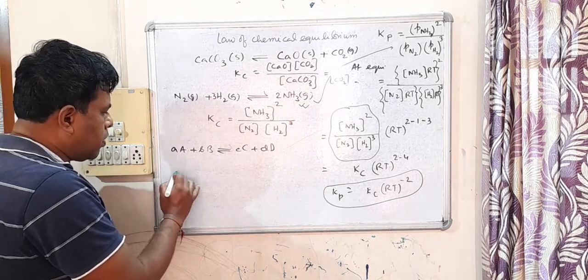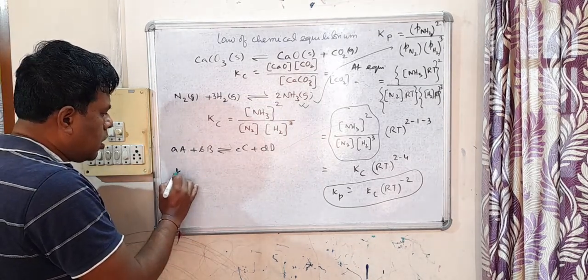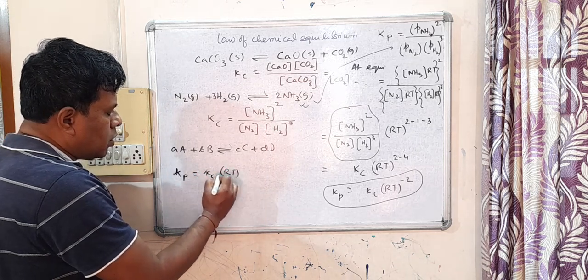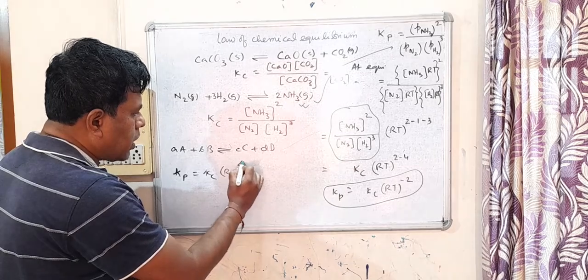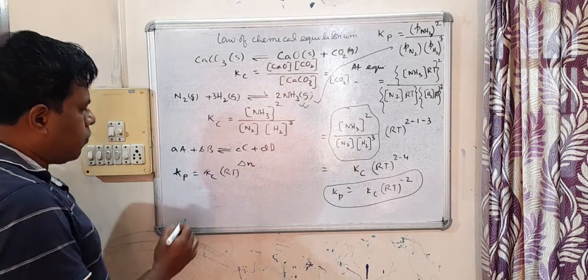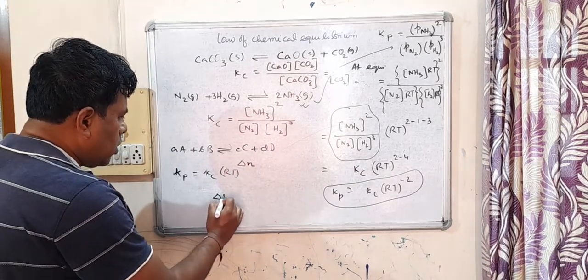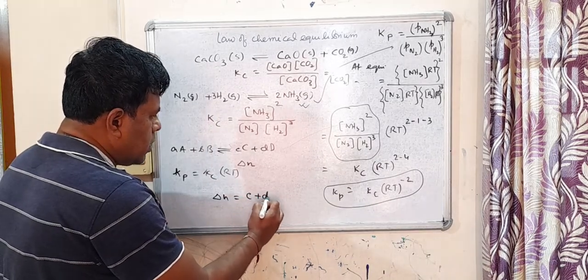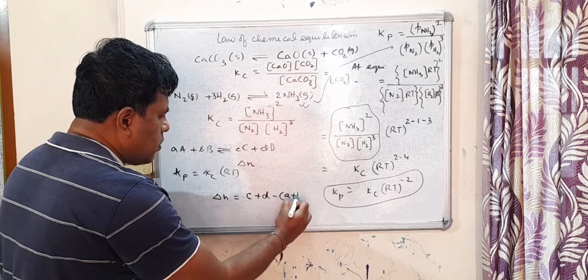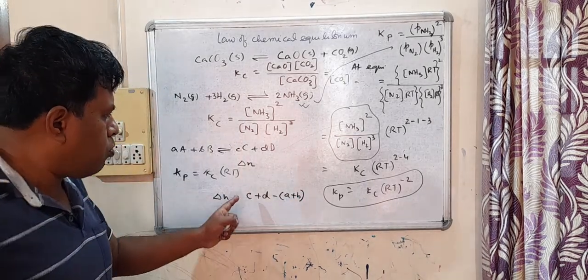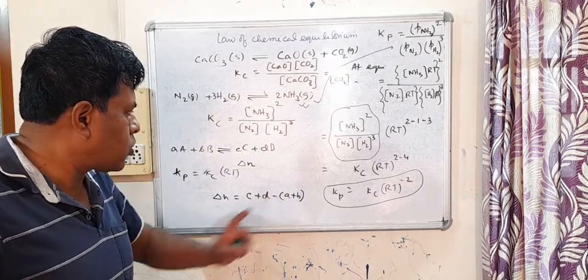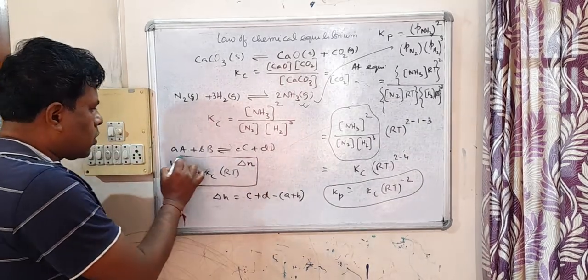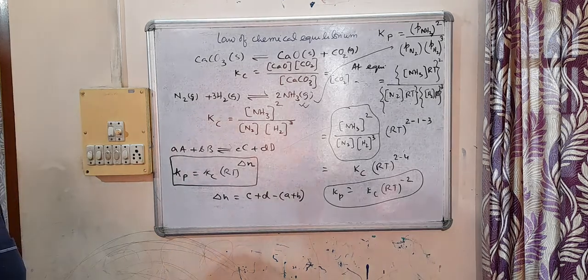For this equilibrium, Kp will be equal to Kc (RT) to the power delta n, where delta n is c plus d minus a plus b, the number of moles of products minus the number of moles of reactants. This is the relation between Kp and Kc that you have to remember.